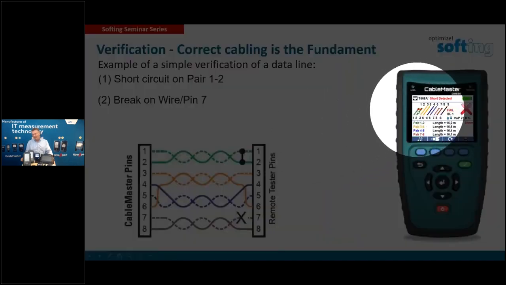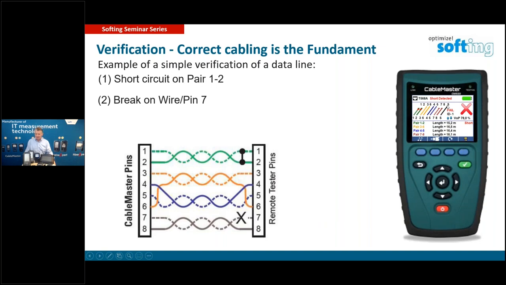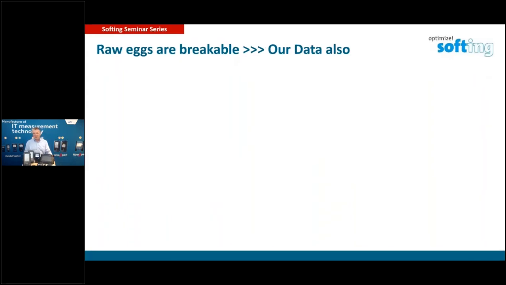The graphic is much better, and it's a bright color display as before with the Cable Master 500. So it shows you the short circuit or the interruption or the break on 7, 8. That's what the Cable Master series can show you, and that means it can definitely show you if you have a connection or not, if the pin assignment or the pair scheme is the right one, and you have no short circuit or something like that.